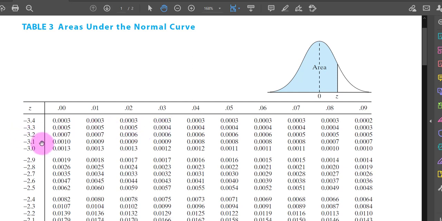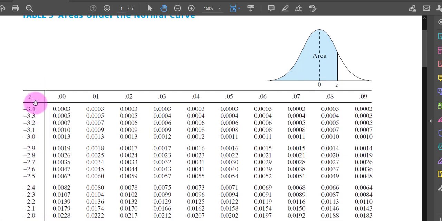Basically what we've got here are Z values on the left, and there's some precision about them along the columns, and we'll talk about that. But basically the way this table works is you input a Z value, and the numbers up in the table here are probabilities to the left of those values, to the left.